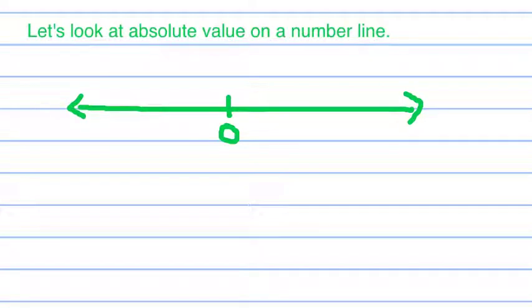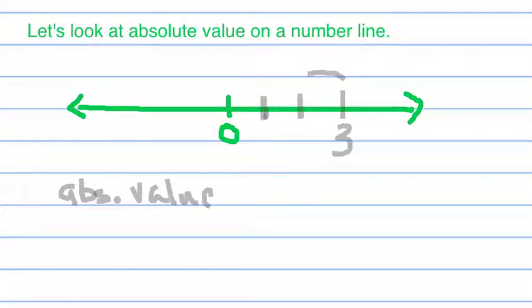Let's say, for example, I want to find the absolute value of 3. Well, I want to know how many spaces from 0 is 3? Let me go 1, 2, 3. So the absolute value of 3 equals 3.